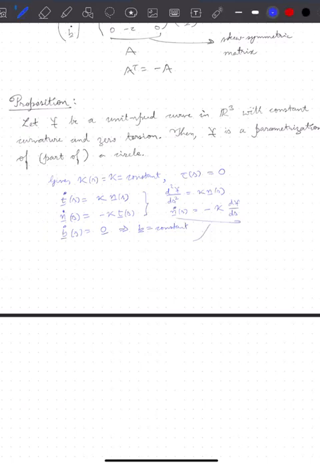Just take a look at this expression here. This can be written in the following manner, and we can write it as d by ds of gamma vector kappa plus n vector is equal to 0.